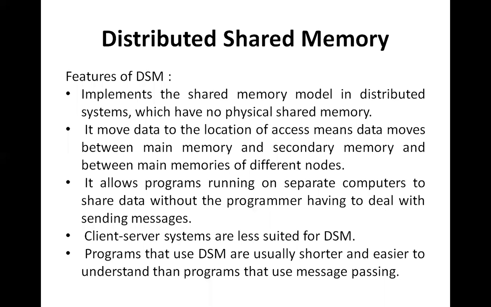The first feature is that it implements the shared memory model in a distributed system which has no physically shared memory. It moves the data to the location of access, meaning the data moves between main memory and secondary memory, and between the main memories of the different nodes. So anywhere the data can move.